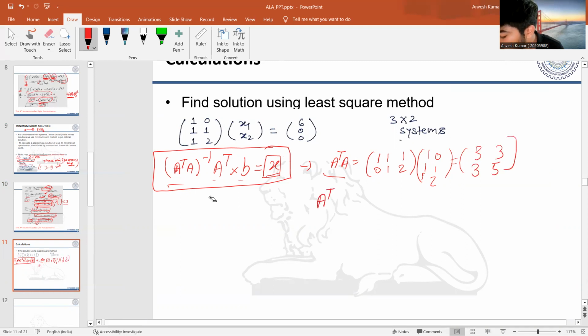Then we calculate A transpose A inverse, which comes out to be 1 by the determinant of this, which is 15 minus 9, 6, and 3, 5, minus 3, minus 3.